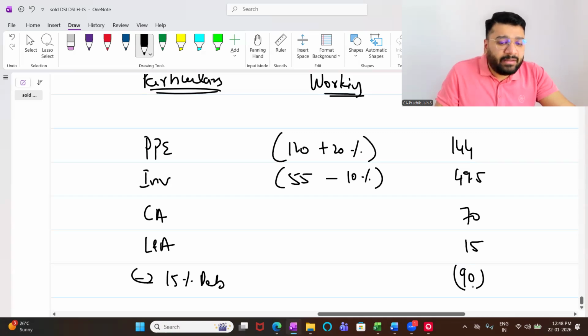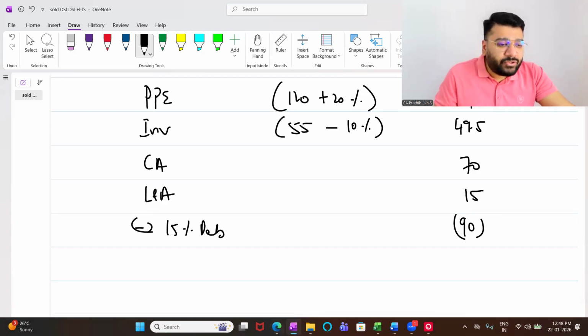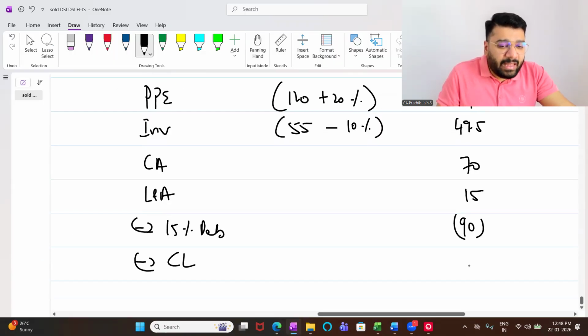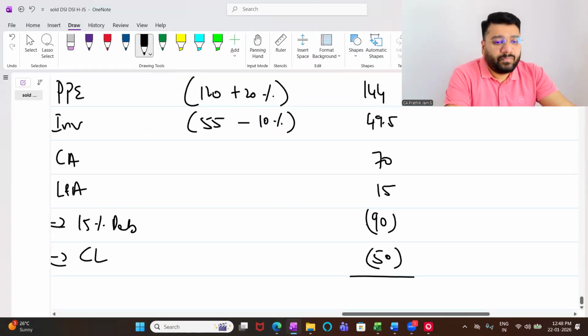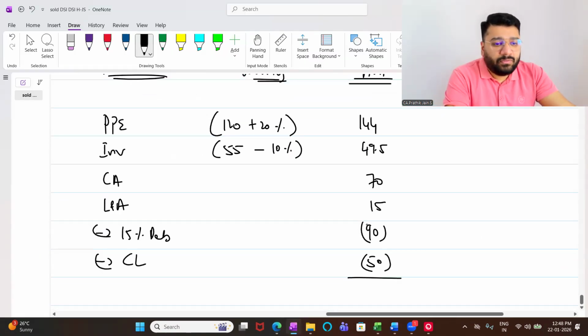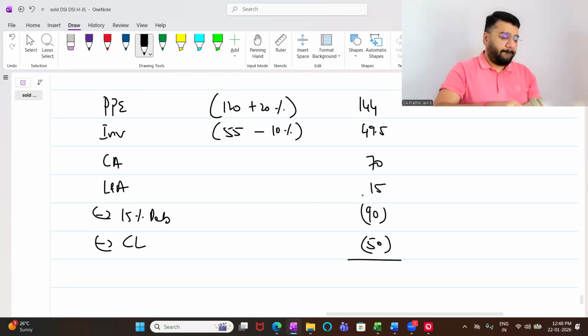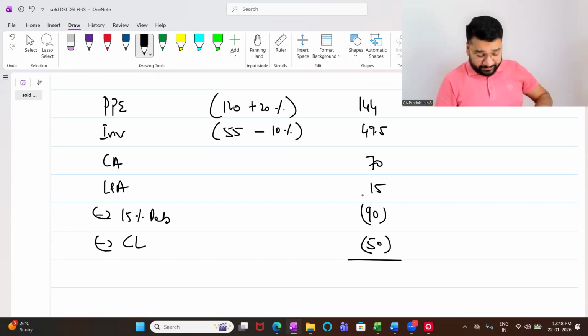Be careful, people add it. This is liability. So minus current liability 50. Tell me the balance, people. 138.5.